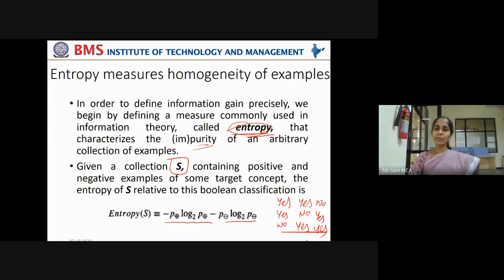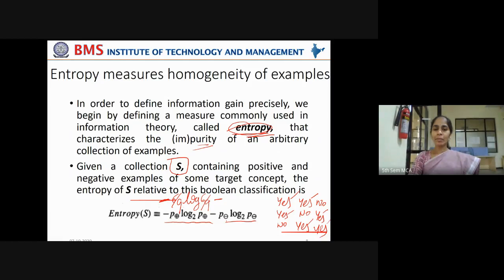Now, in total how many examples have I given? 9 examples, right? Among these, what is the proportion of positive classes? 1, 2, 3, 4, 5 and 6. So the proportion of positive classes in the training examples given is 6 out of 9, so minus 6 by 9 log 6 by 9.